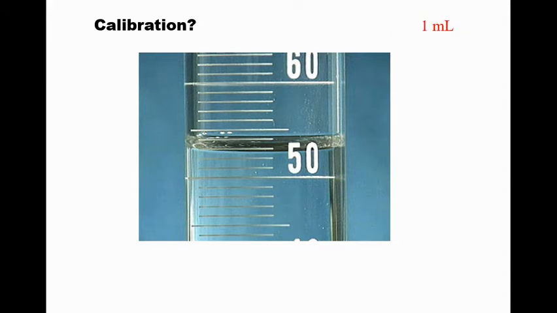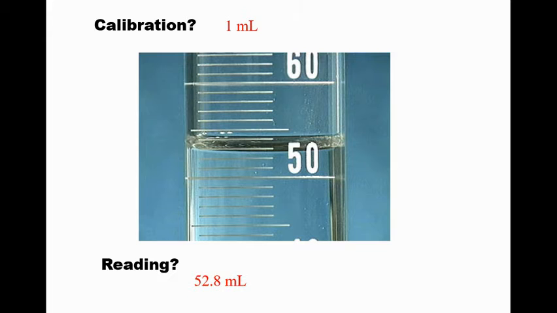This measurement tool is a 100 milliliter graduated cylinder, so it has a 1 milliliter calibration. Because my calibration's in the 1 spot, my reading's going to be in the 10th spot. Everybody's going to agree that the line the volume goes up to is between 52 and 53 if you look at the bottom of the meniscus.